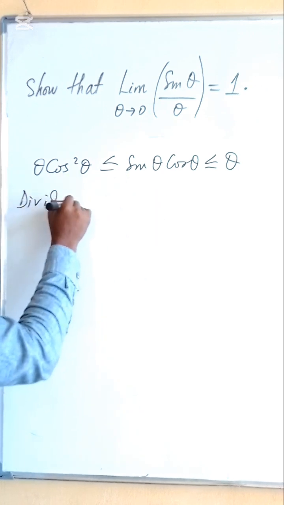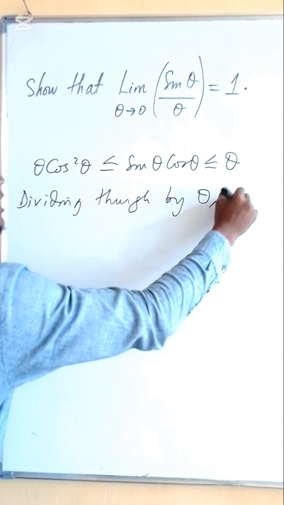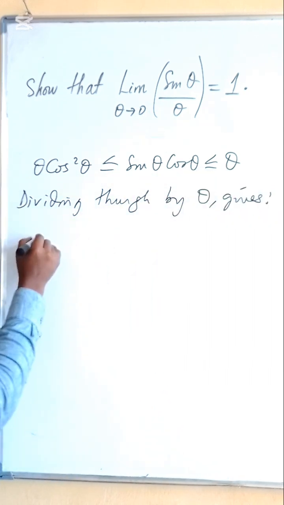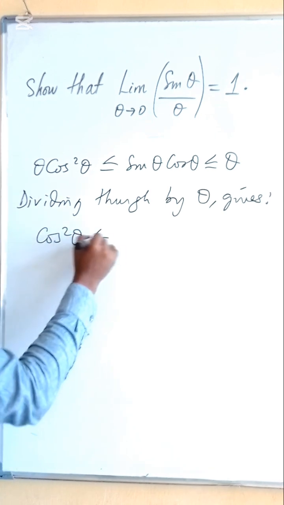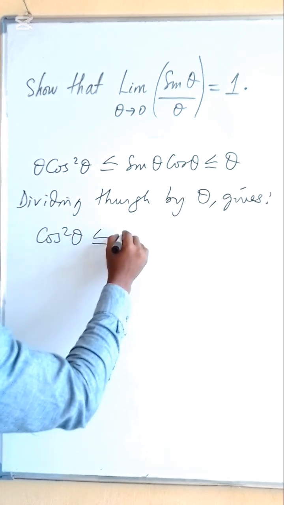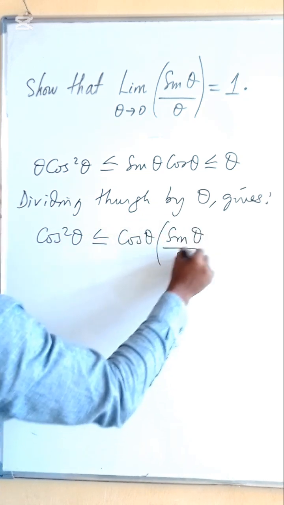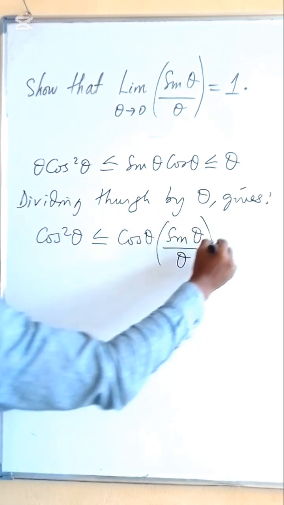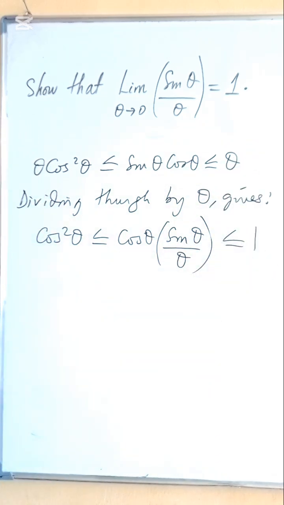Dividing through by theta gives cos squared theta, because theta would cancel the theta here, less than or equal to cos theta, I'm choosing my theta to divide one out of the two of them, less than or equal to 1, because when theta divides theta, it will give you 1. Okay?